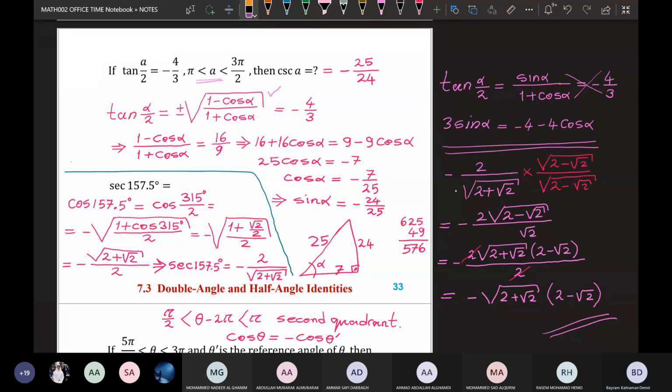And now let's multiply up and down again.